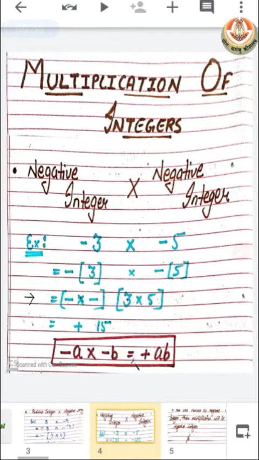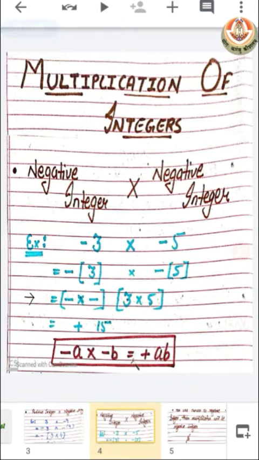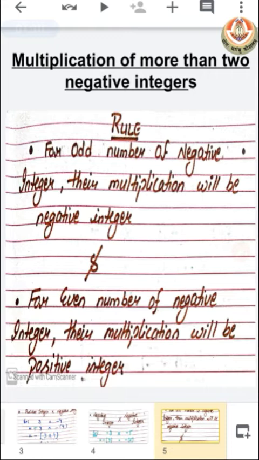Then move on to the next one. We know that two negative integers when multiplied give a positive integer as the result. And when more than two negative integers are multiplied, then what will happen? We have two rules for this situation.